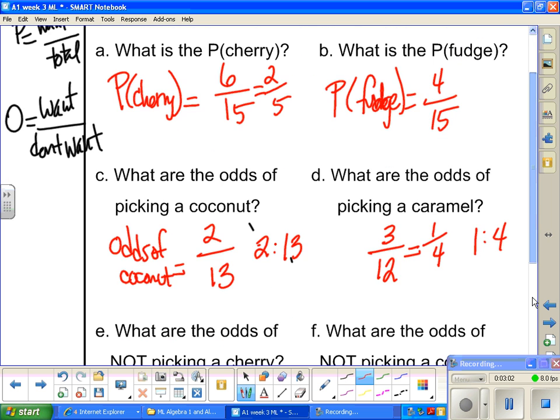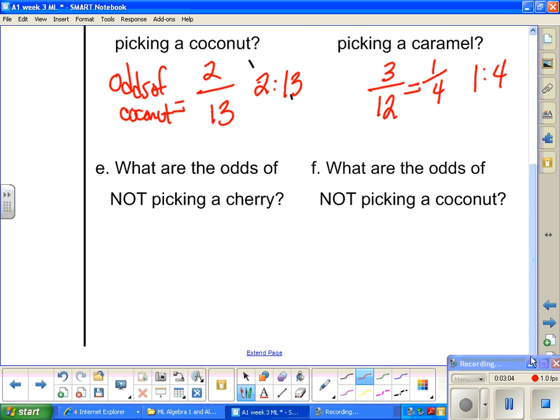And then the next one, the last two, what are the odds of not picking a cherry? When you want to know the odds of not, then you want what you don't want over what you want, in a sense. You're flipping it.